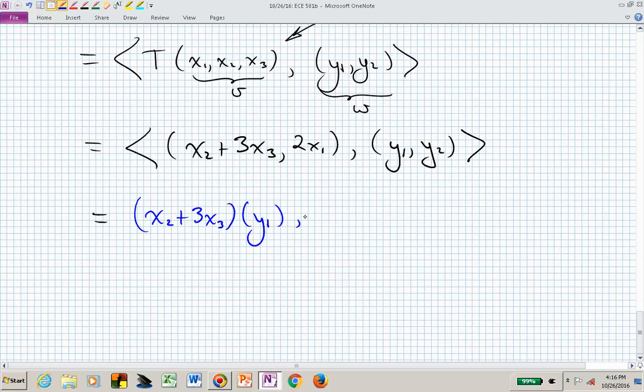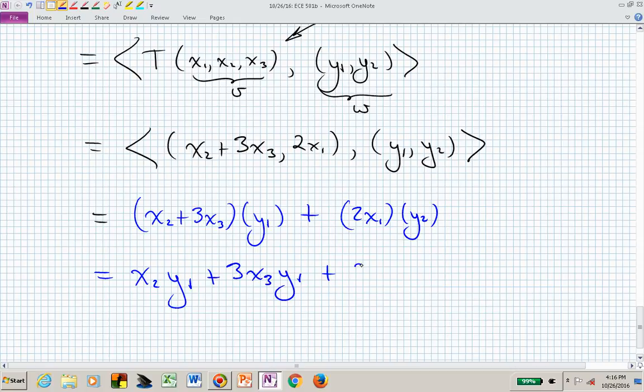We just do the coordinate-wise multiplication and add those up. Are we good with that? That's just the definition of the inner product. Let's now distribute the y1 through that first piece to produce x sub 2 y1 plus 3x sub 3 y1 plus 2x sub 1 y sub 2.